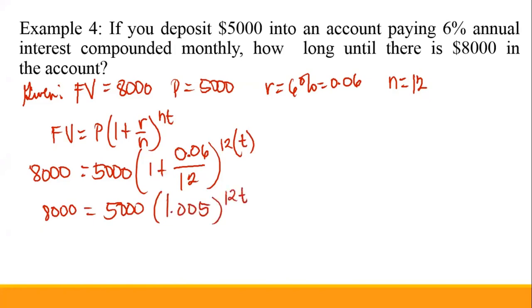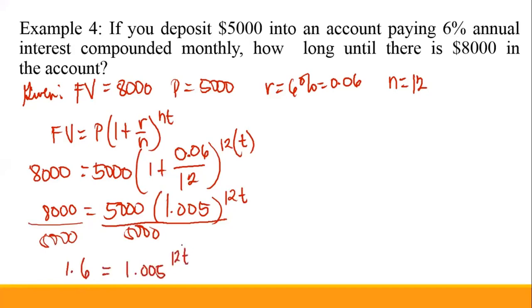Ayan. And then divide each side by 5,000. Since we're going to divide each side by 5,000, this is now equal to 1.6 equals 1.005 raised to 12 times t.